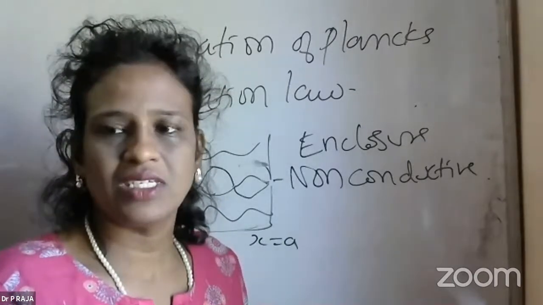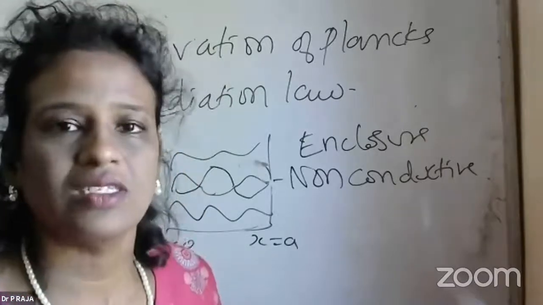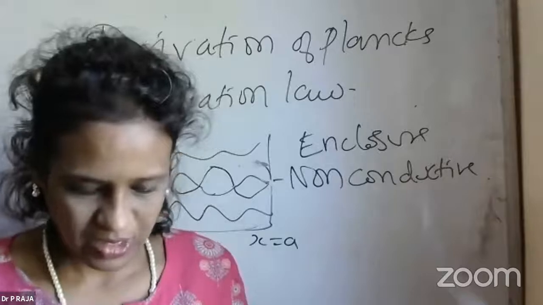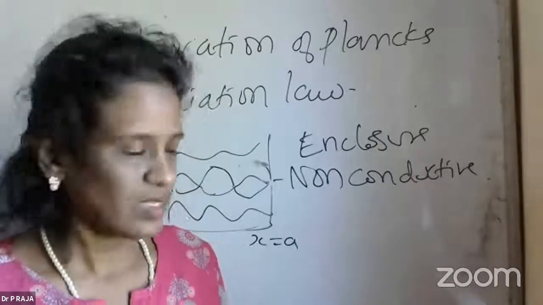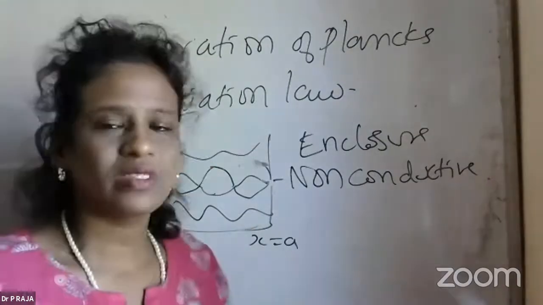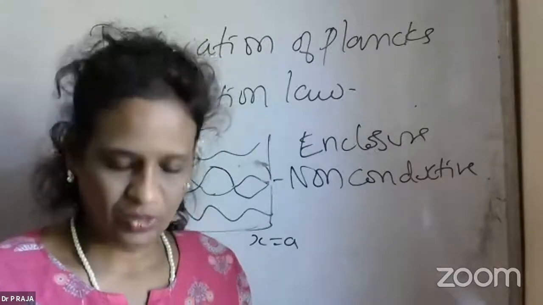Some can be constructive, some can be destructive. You know the conditions for constructive and destructive interference to take place. So imagine such a condition when there is an incident wave getting reflected back, and it forms an interference with the incident and the reflected wave.